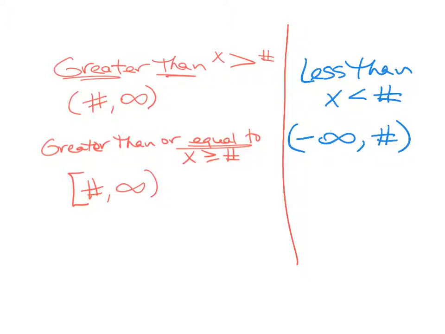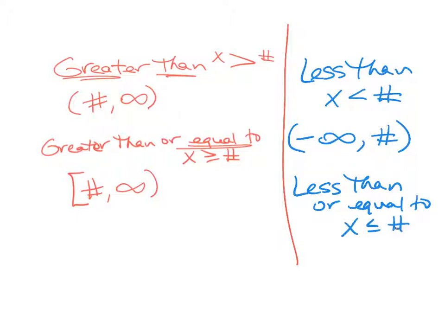And then the number, because it's plain less than, gets a parentheses. If it's less than or equal to, so again, like this, then it's -infinity, still with the parentheses. And then the number gets the bracket.